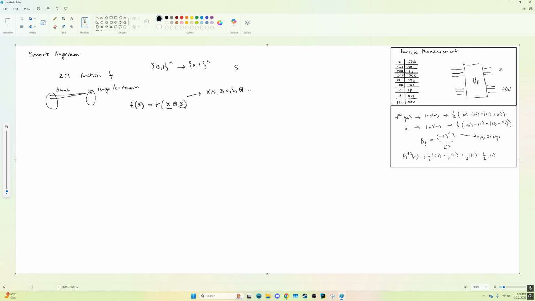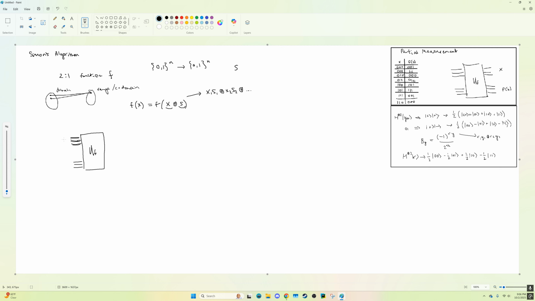Okay, so the first part of the circuit is to have this register at the top. The register at the top has enough qubits to be able to write any of the possible values that you might sample, any of the x values.